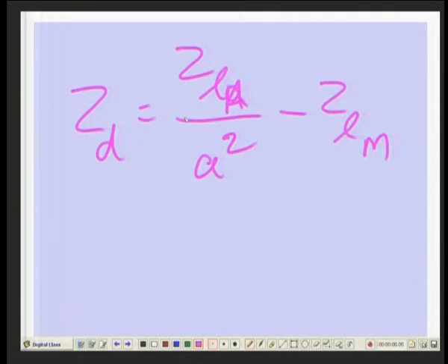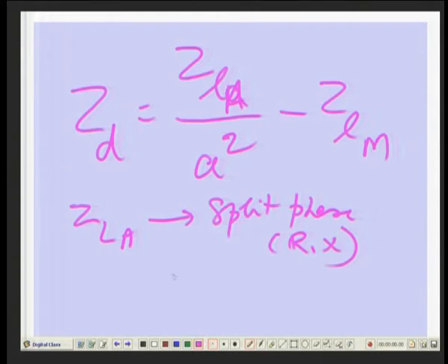For split phase, there is only R and X, and for a capacitor machine you have a connecting capacitor, so it will be RA plus J XLA minus J XC, because you are connecting a capacitor.